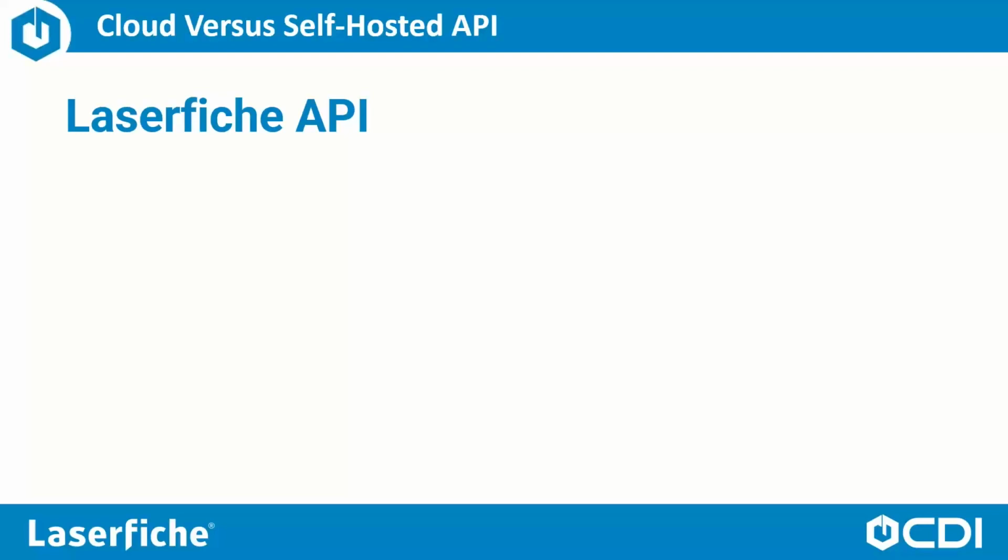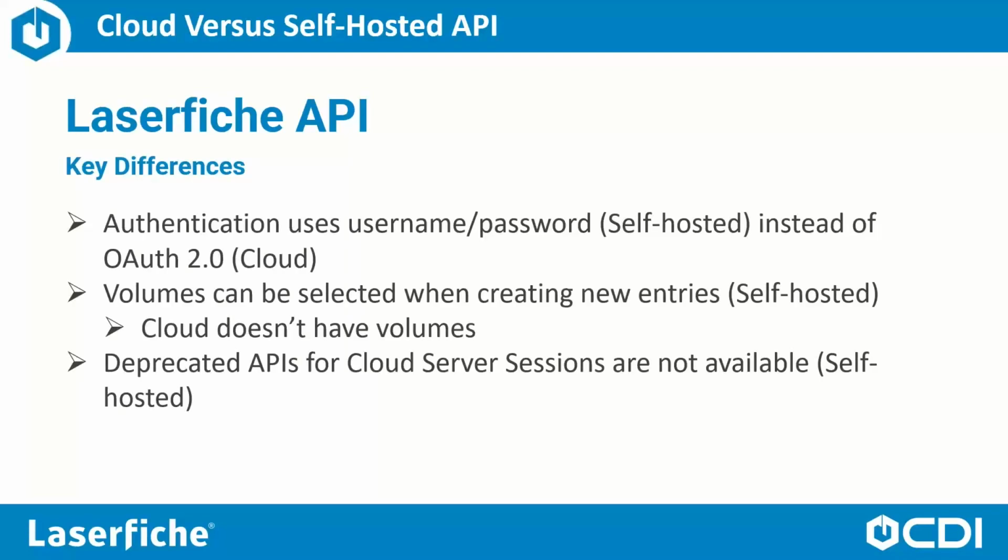So let's talk a little bit about the cloud API versus the self-hosted API. They are identical in nature and in what methods they extend access to, so updating, adding folders, things like that. But there are a few key differences, such as the authentication options.